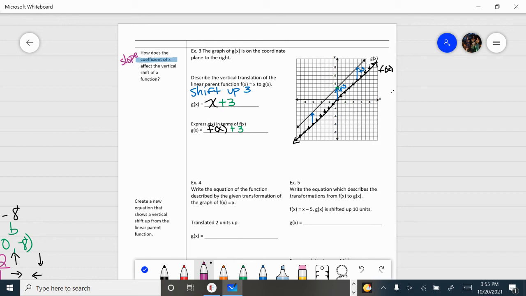It doesn't. The slope does not have any effect on the shift. Okay? Slope does not affect whether or not the line moves up or down. The slope will affect how steep it is, but not how far up or down it moves. Okay?